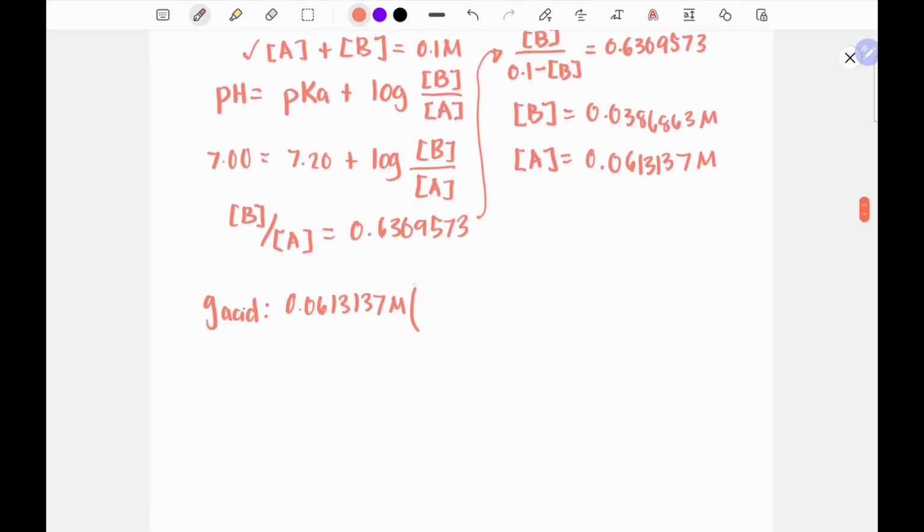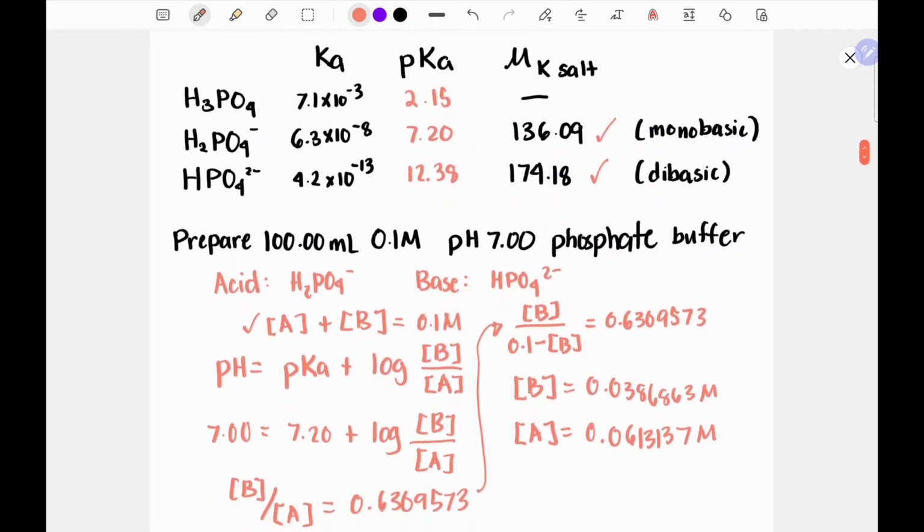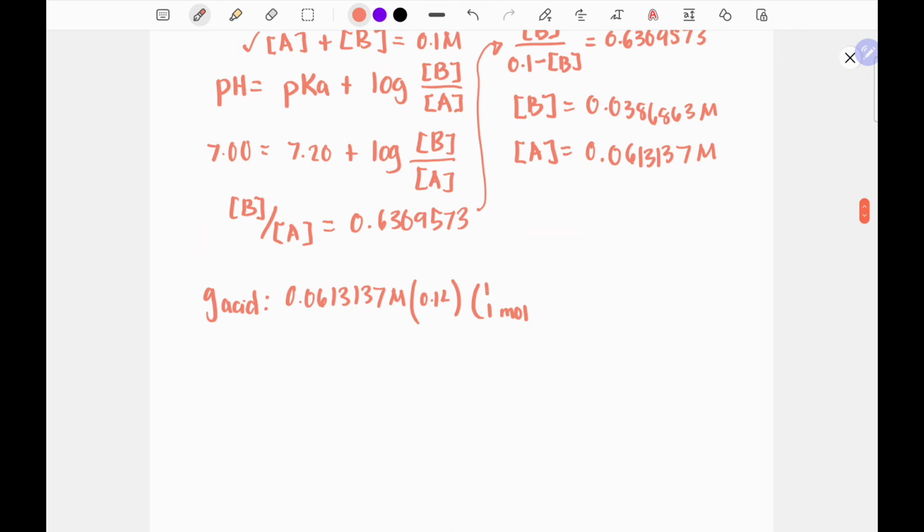It's 100 ml, so it's 0.1 liter. This becomes moles of acid, and 1 mole of that is 136.09 grams. This is 0.8344 grams.